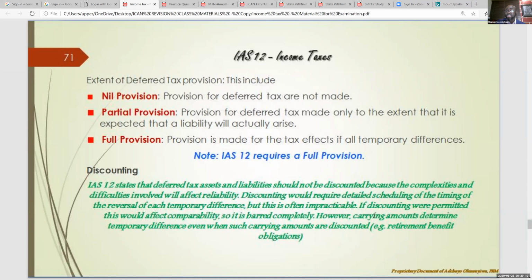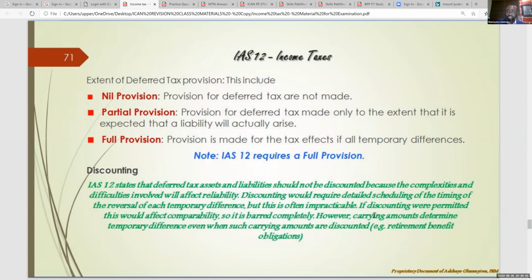For example, you see the question we just solved. As of 2014, we still have 2015, 2016, and 2017 ahead of us. Are we to discount the future value of our temporary difference? But what the standard says is that discounting does not apply in determining our deferred tax.